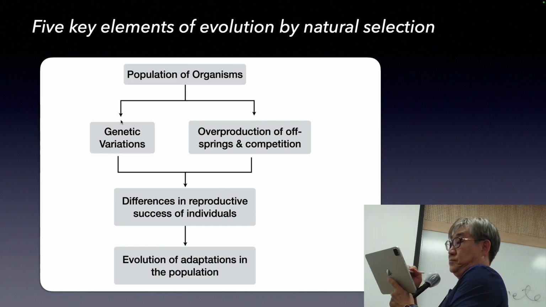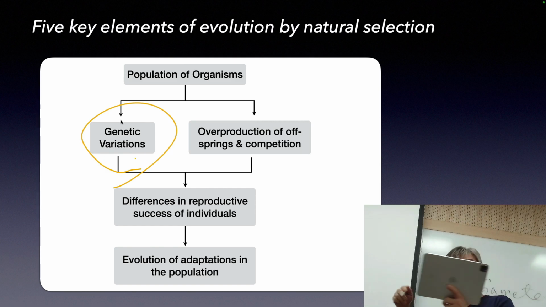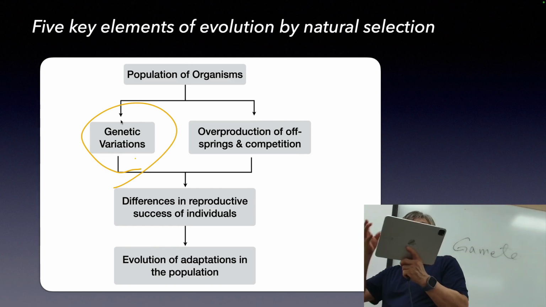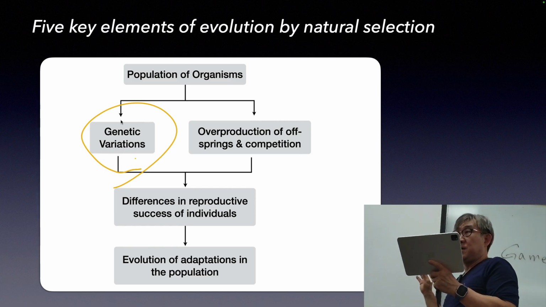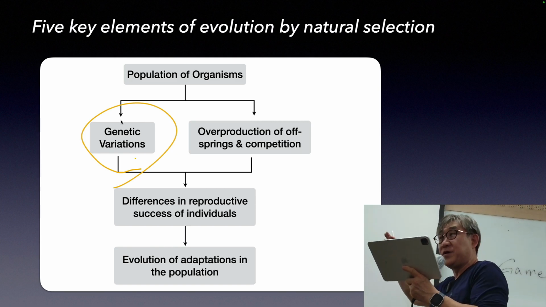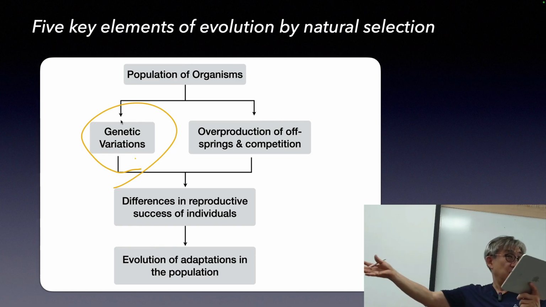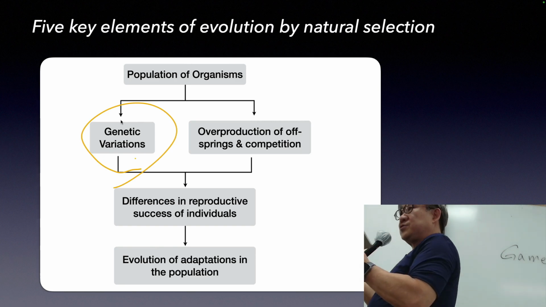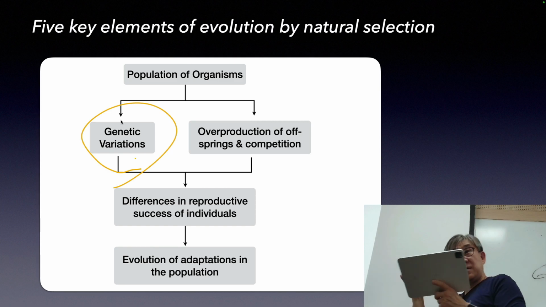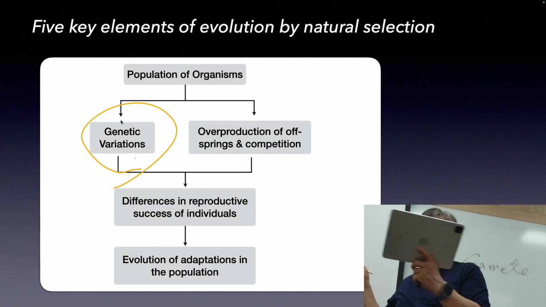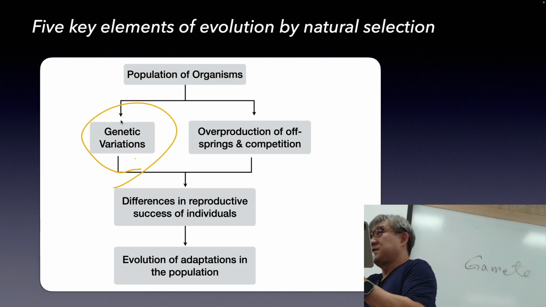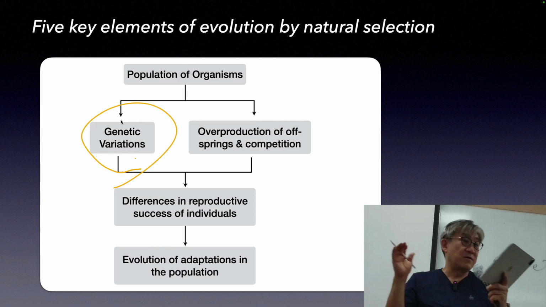So this genetic variation, hopefully every one of you can now understand the source of it. Where did it occur? What is the source of genetic variation? Through reproduction. In the course of reproduction, you generate inevitable, unavoidable mutation from which different traits can arise.